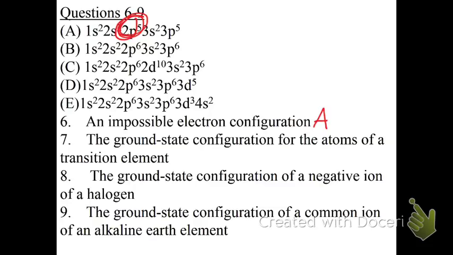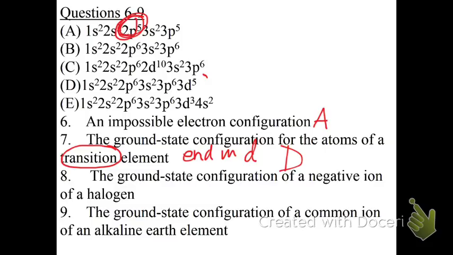Next, a ground state configuration for the atoms of a transition element. If it's a transition element, it's going to end in a d orbital. So the answer to that one is going to be D, because it ends in that.